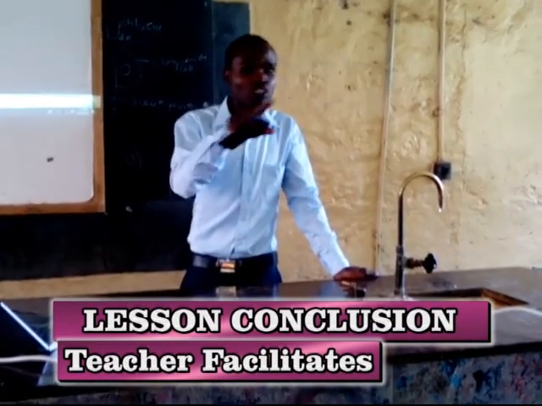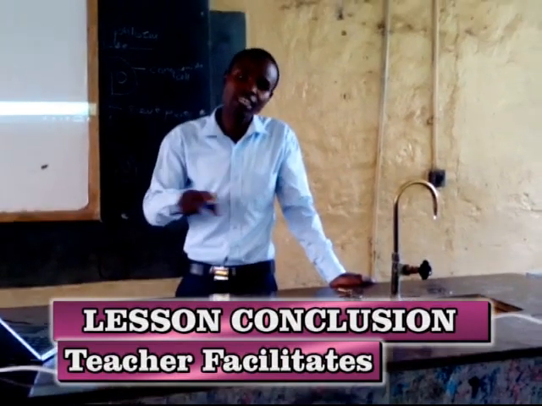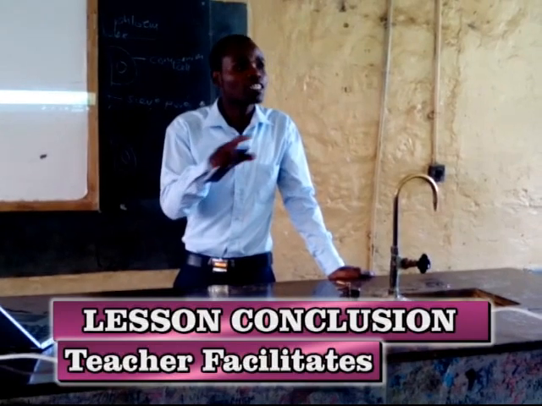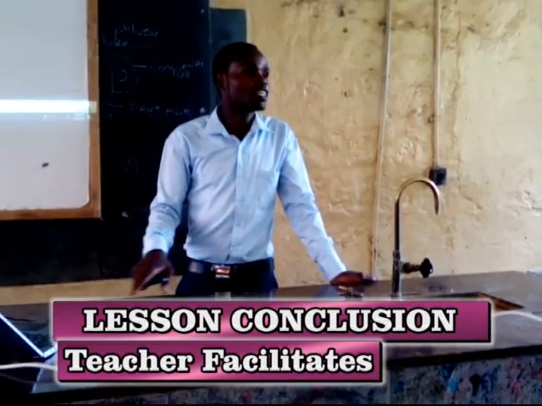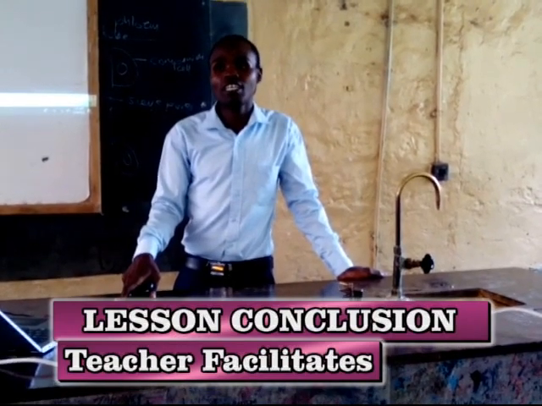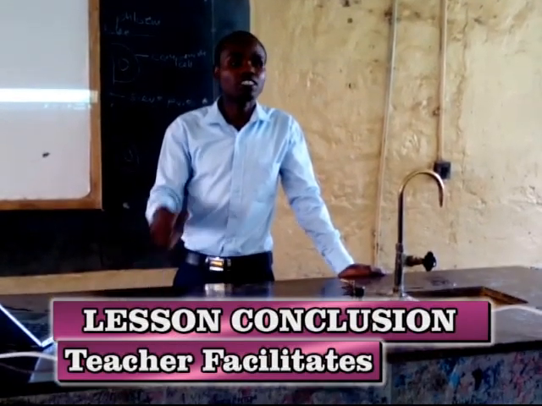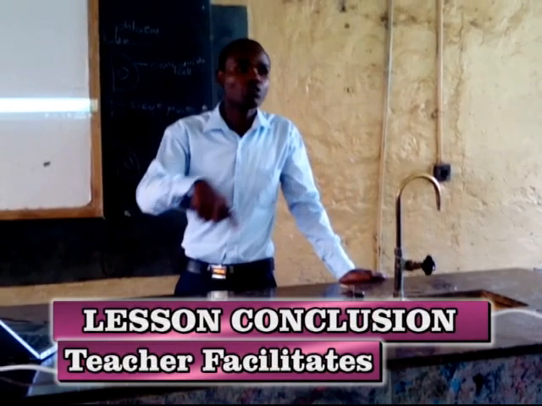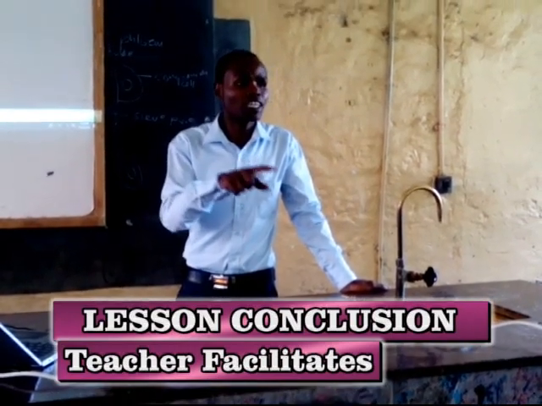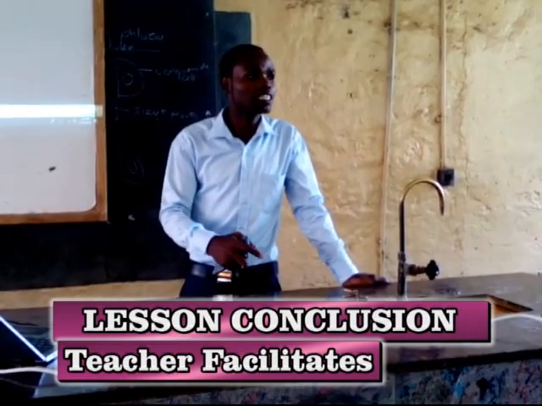Something else about the isotopes? You have seen something about the isotopes? What are the isotopes? Isotopes are elements that have the same number of protons but different number of neutrons.